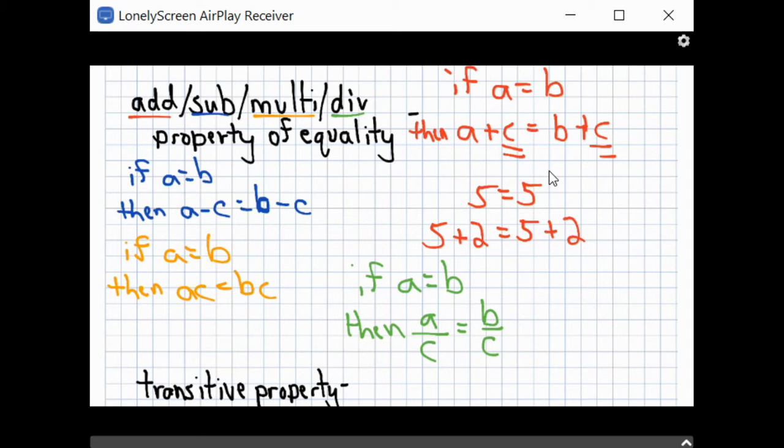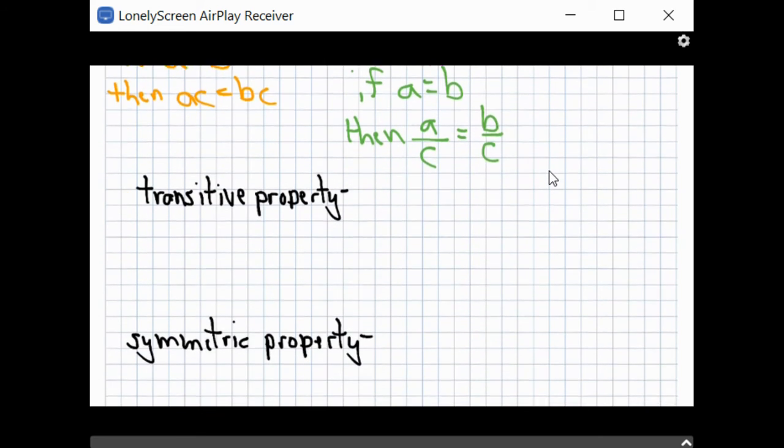Again, that's just referring to algebra rules that you already knew, but now you have a name. They're called the addition property of equality, subtraction property of equality, multiplication, or division property of equality. And you'll see in the examples how you're going to use those. Whatever thou shalt do to one side, thou shalt do to the other side. One of the primary commandments of algebra.